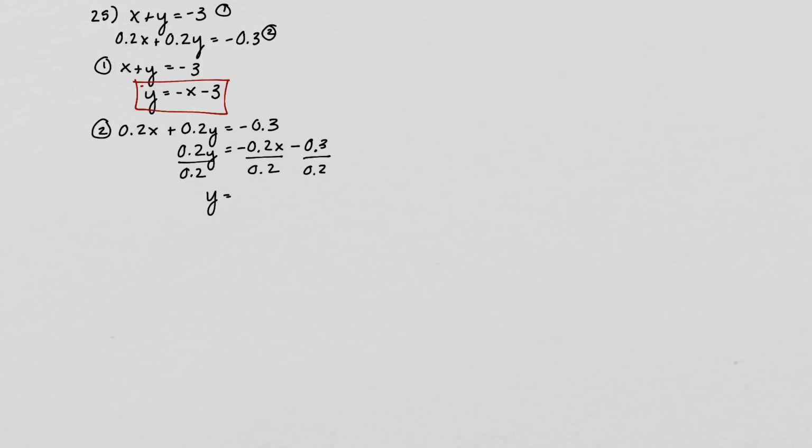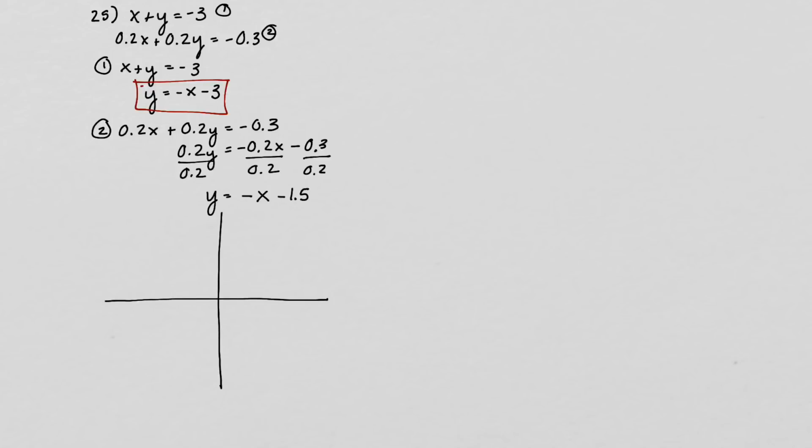So y, so negative 0.2 divided by 0.2, that's just going to be negative x. So our slope is going to be negative 1. If you divide 0.3 by 0.2, you end up with negative 1.5. So we're going to have a little bit of a decimal going on here. So that's going to be okay.